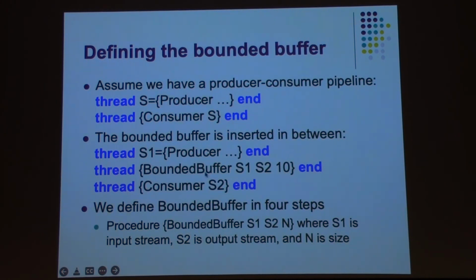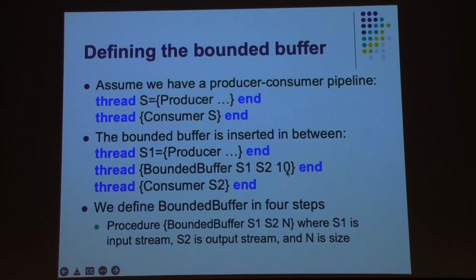So here we have a bounded buffer call with two streams, input and output, and a size. The bounded buffer is bounded, so it has a fixed size, a maximum number of elements that can be stored. This is very reasonable, because the bounded buffer will usually be sitting in a piece of hardware, and there's a fixed memory in there.